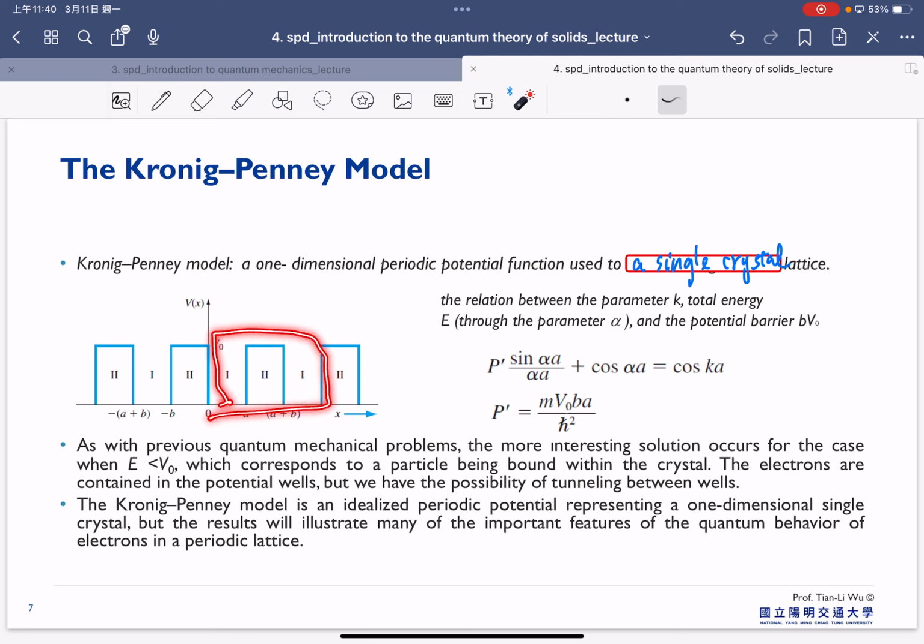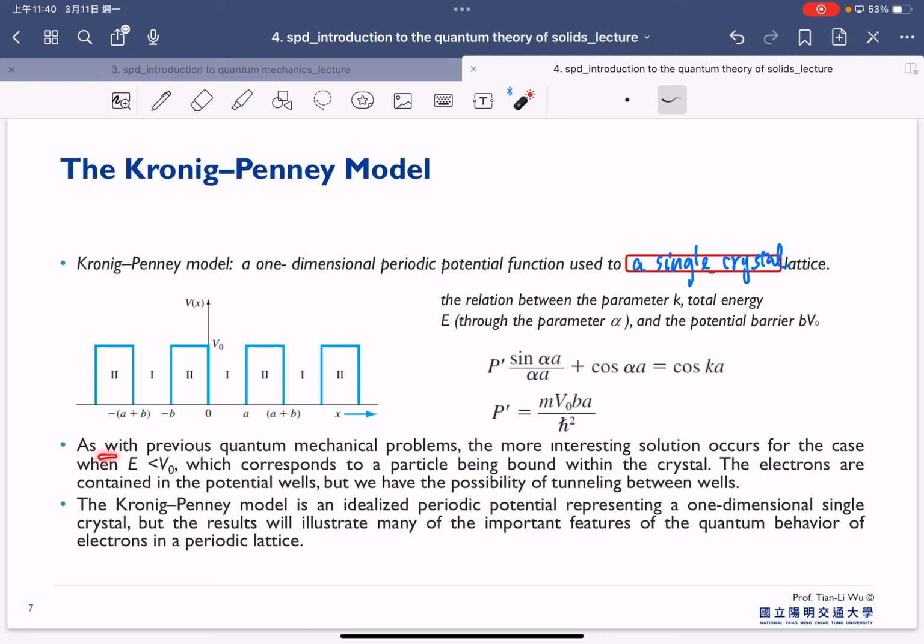But in reality, you actually have many lattice atoms in the crystal, so you actually have many periodic potential functions like this, and that can be used to do this calculation here.